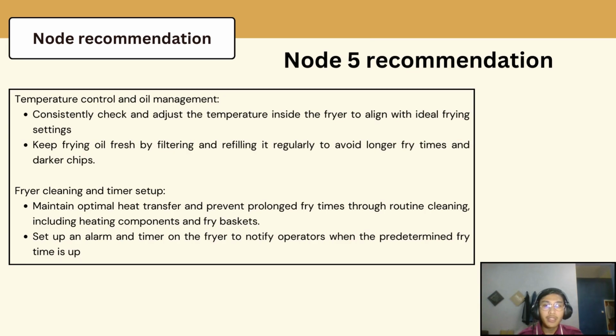Our next recommendation is fryer cleaning and timer setup. Maintain optimal heat transfer and prevent prolonged fry times through routine cleaning, including heating components and the fry basket. Next is to set up an alarm and timer on the fryer to notify the operator when the predetermined fry time is up.